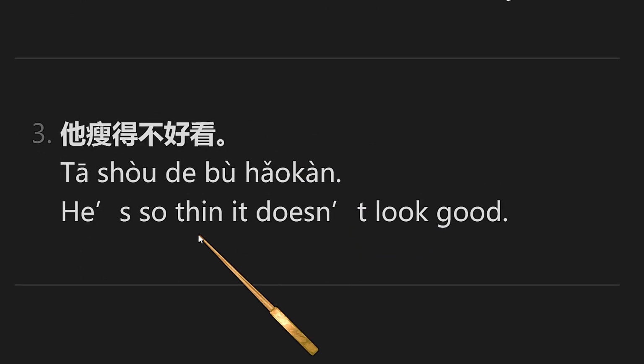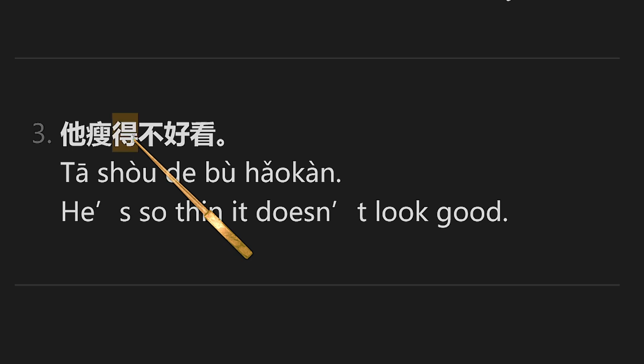And last one. He is so thin, it doesn't look good. 他瘦的不好看. Here is also a grammar point. We know this 的 for creating adverbs, but here it is not an adverb. 他瘦, he is thin, and to which degree or in which manner?